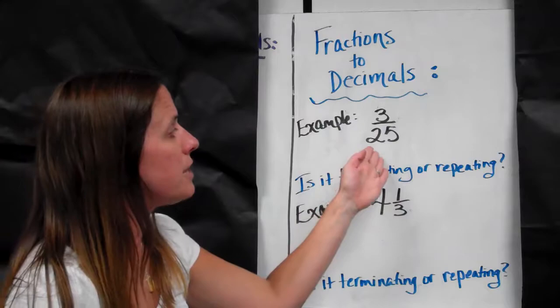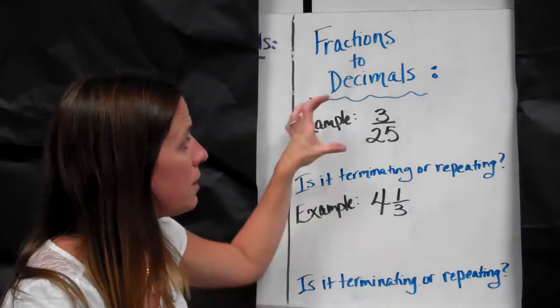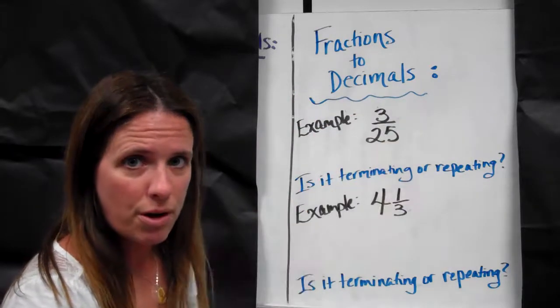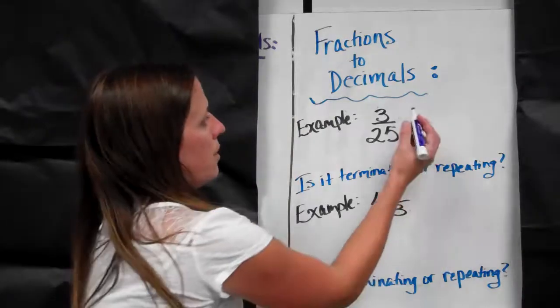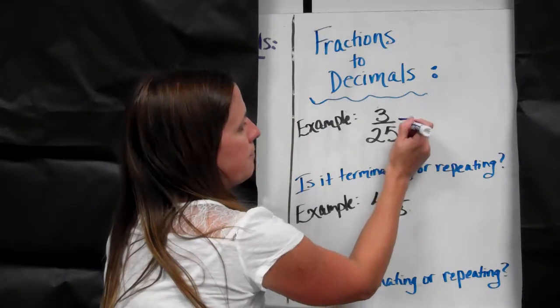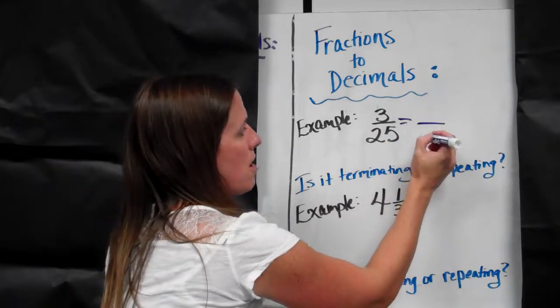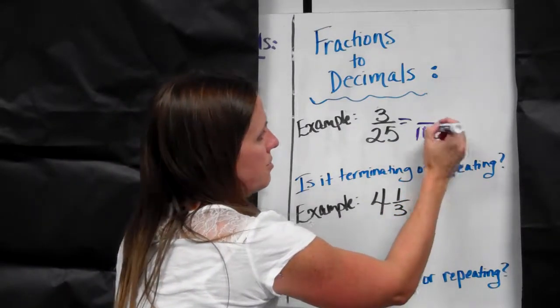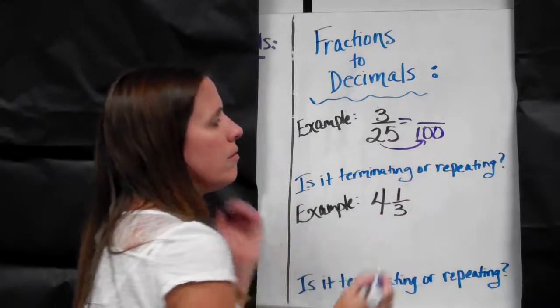If your denominator is a factor of 100, you can change your fraction out of 100, and then the conversion will be really quick. So we're going to create an equivalent fraction, and we're going to change our fraction to be out of 100. So how many 25s go into 100? 4.